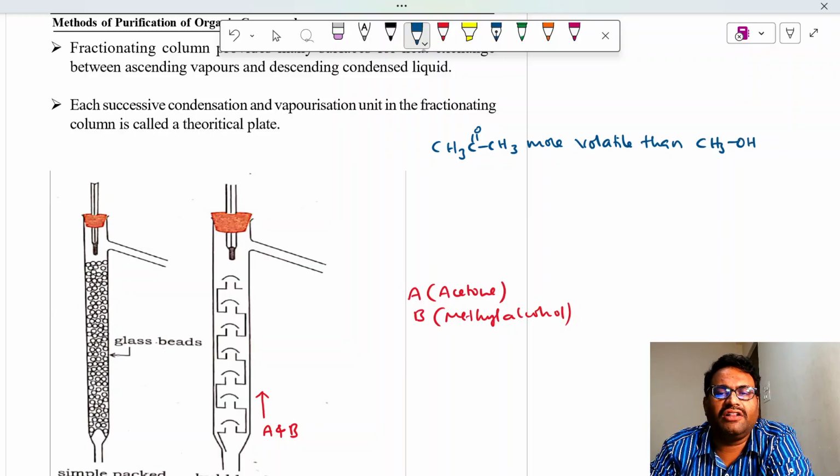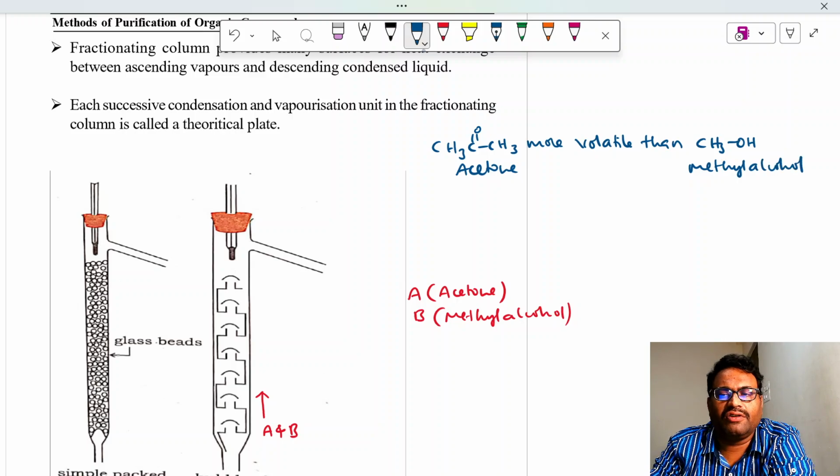This is methyl alcohol, and this is acetone. So as acetone is more volatile, what happens when it is moving up in this fractionating column?